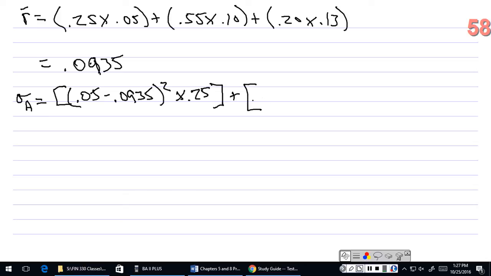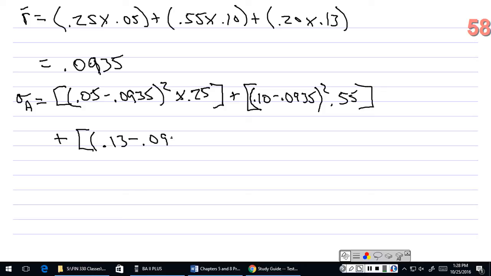So the next one is going to be the return of 10% minus 0.0935 squared times the probability of 0.55, plus, we'll keep on going down here, the return of 0.13 minus the expected return 0.0935 squared times the probability of 0.20.